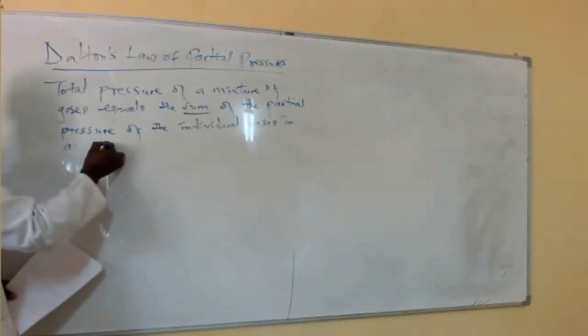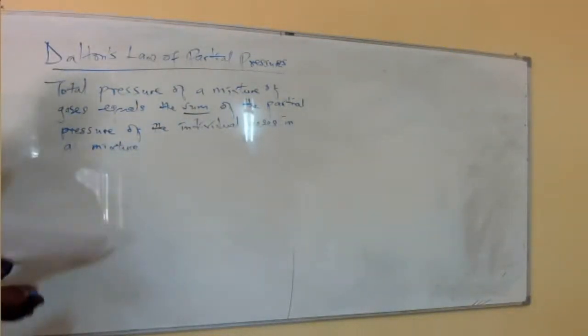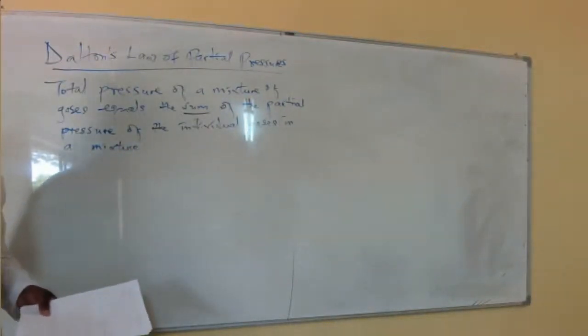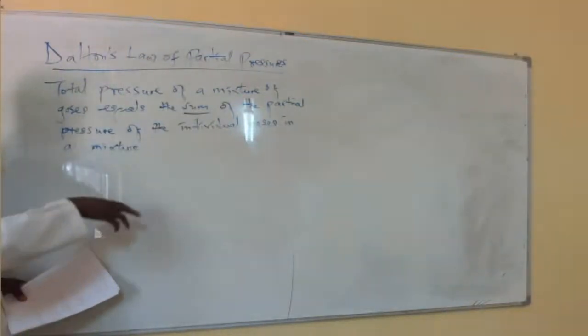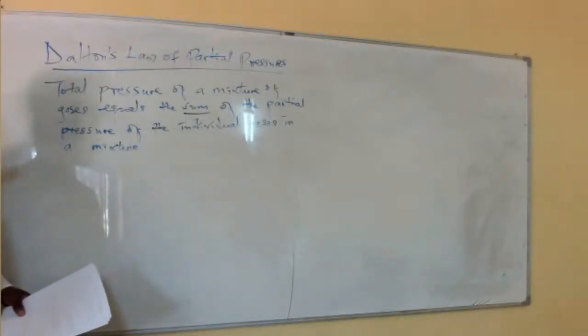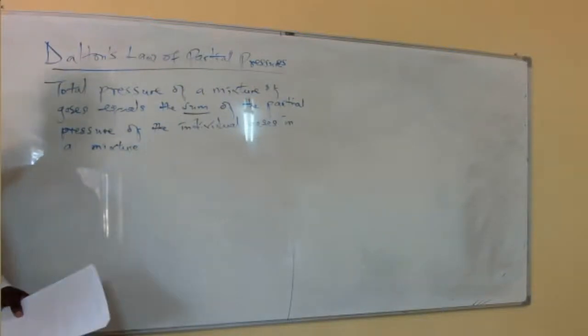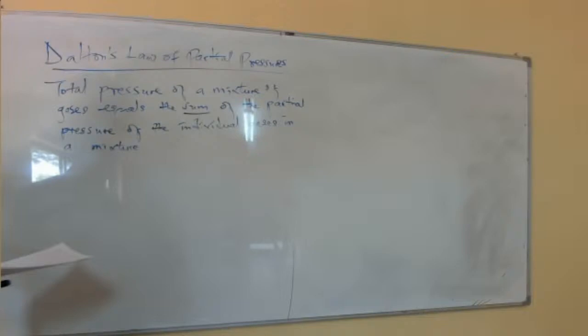So if we want to calculate the total pressure in a mixture of gases, what we want to do is to add up the individual pressures of the gases in the mixture, and then what we're going to have will be the total pressure of that mixture.